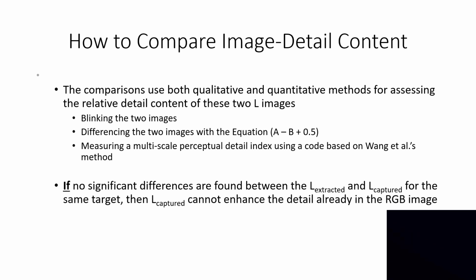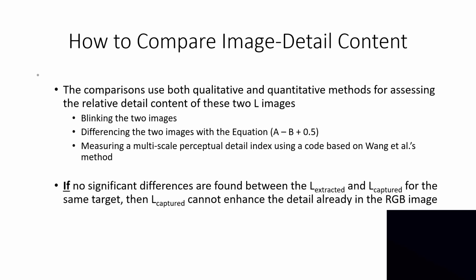You can mathematically take a simple difference between the two images, A and B, the luminance captured and the luminance extracted, add 0.5 to center the grayscale, and see if the resulting image is more or less uniform gray. If it is, then A is pretty close to B in terms of its content. If they were identical, the difference would be zero, and the whole image would be flat at 0.5 grayscale.